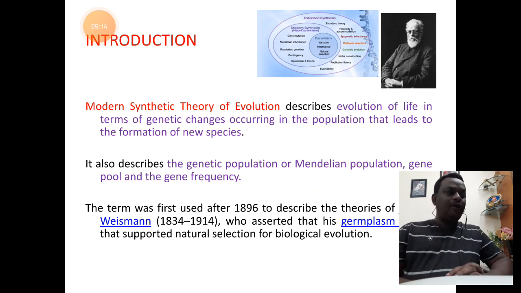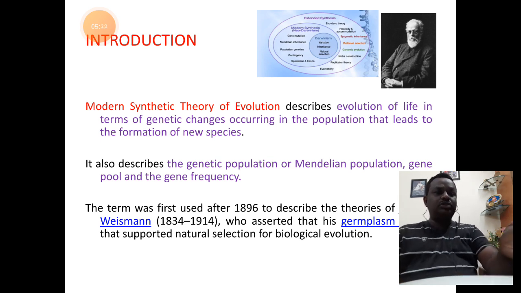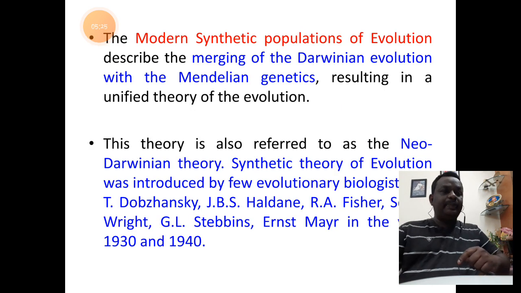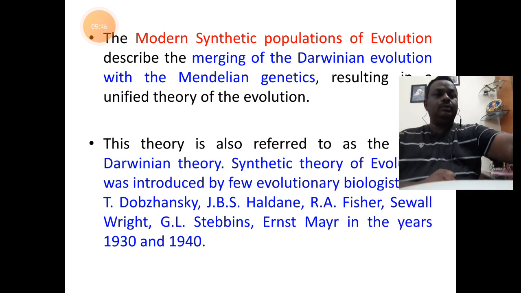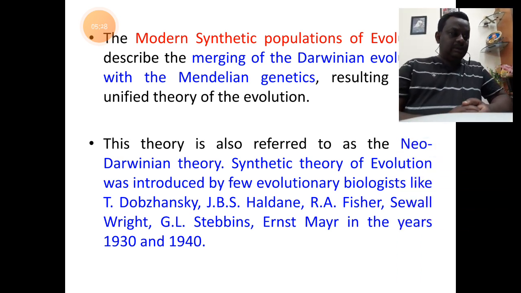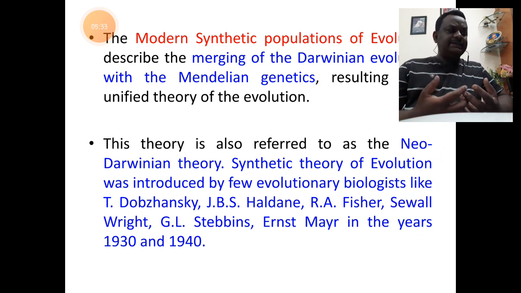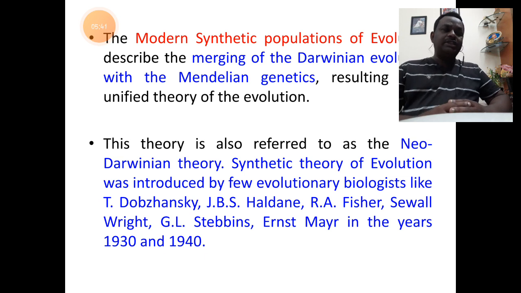Based on the theory of germplasm given by Weismann, many other scientists also put forth their ideas in the form of postulates, which are collectively called the modern synthetic theory of evolution or Neo-Darwinism.